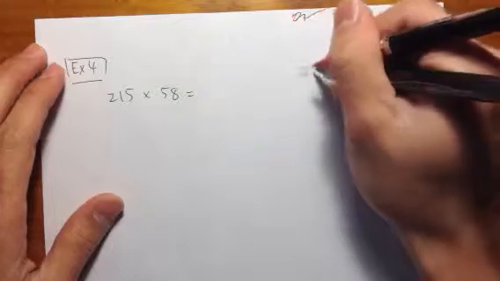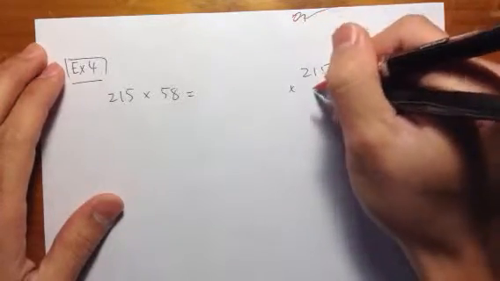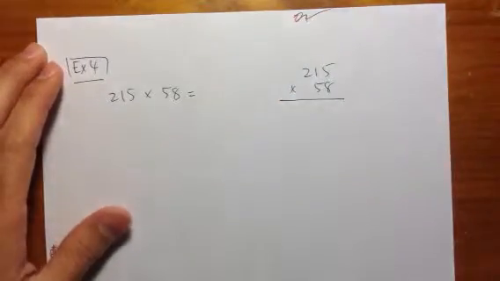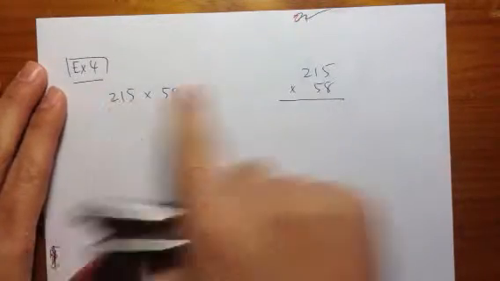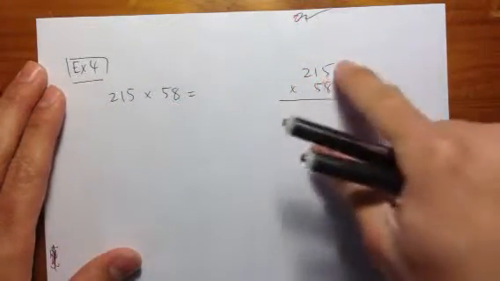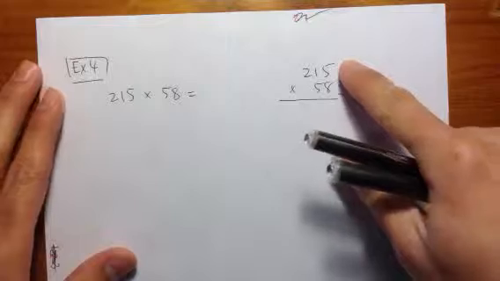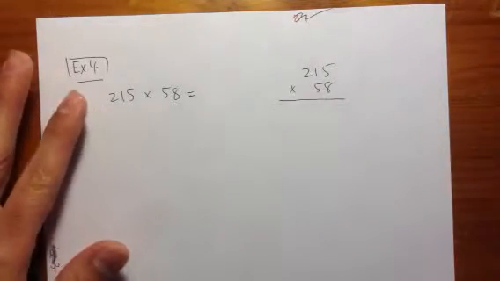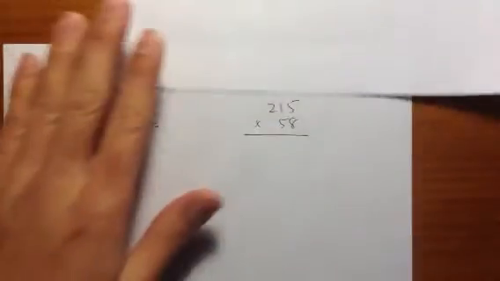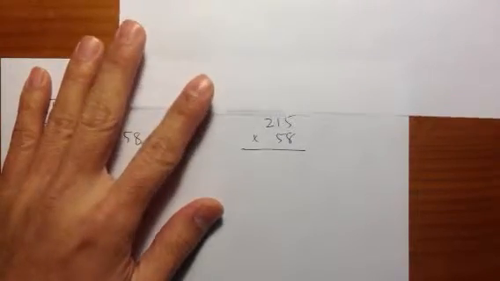So let's write down 215 on the top times 58. And again, you want to write down 215 on the top because it has more digits. Okay, so then let me get a scratch paper right here, and let's begin.